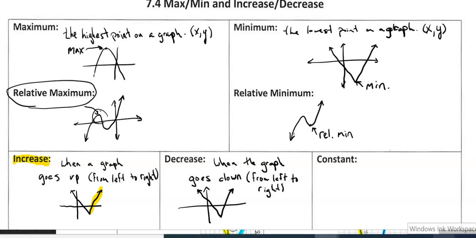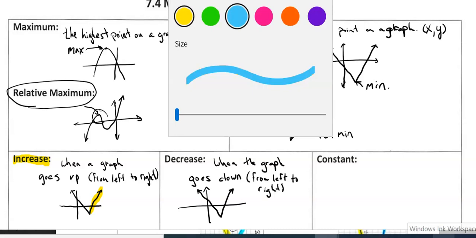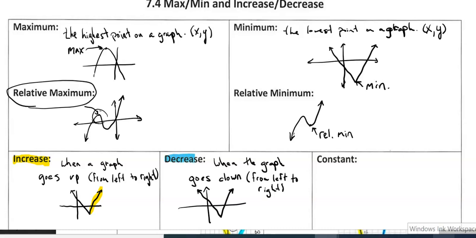This time we might say it's decreasing if, as we're moving from left to right, this part of the graph is going down, even though it's got the arrow pointing the other direction. You have to imagine you're like a little bug moving down this arrow, but you have to move from left to right. So moving left to right, we're going down here. This part is the decreasing part of the graph.